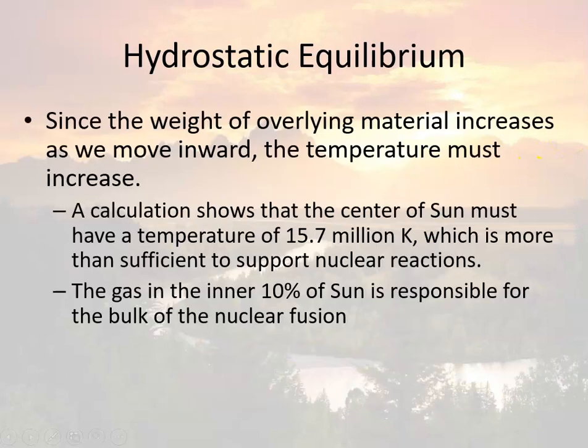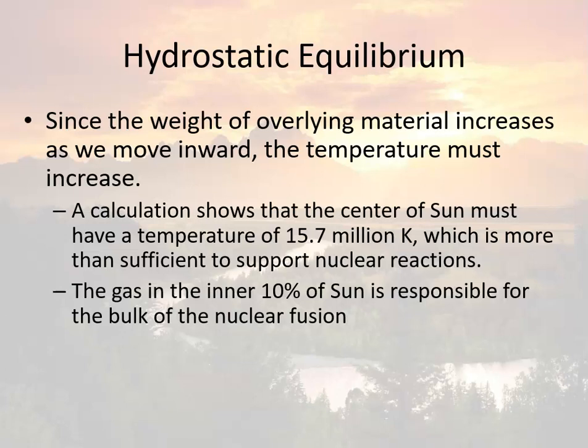So first, when the weight of overlying material increases, which is what happens when you move inward, the temperature is also going to increase. For example, you can find via a calculation, and for that matter, from the results of observations, that the internal temperature of our sun is close to 16 million kelvins.